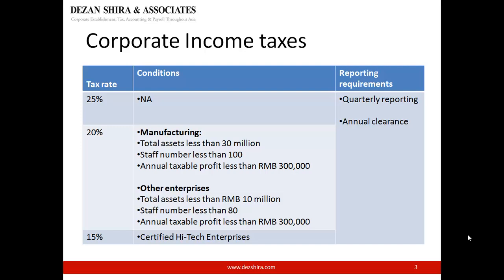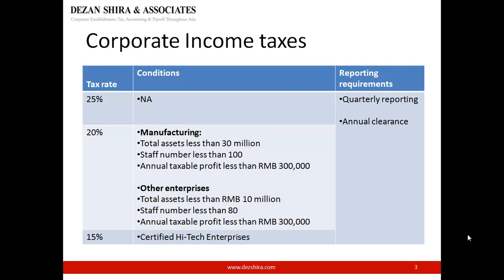The 20% tax rate is for SMEs, which have less than 30 million total assets and less than 100 staff, with an annual profit of less than 300,000 RMB.